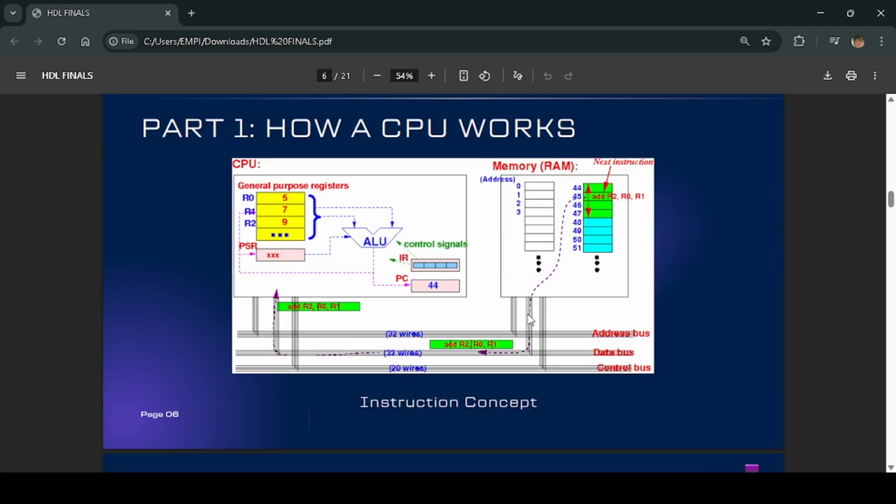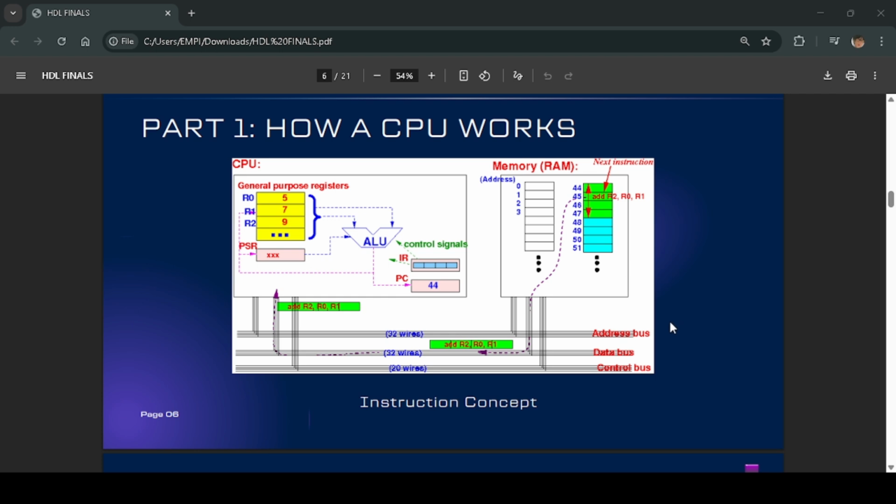Next is the instruction concept. The CPU doesn't understand Python, C++, or any high level language, but it understands only its native instruction set, a fixed vocabulary of primitive commands. Each instruction is a unique binary pattern that commands the CPU to perform an elemental operation like add these numbers, move the data from here to there, jump to this other instruction.